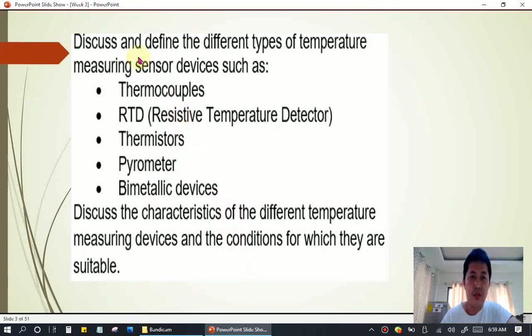So I have also to discuss and define the different types of temperature measuring sensor devices, such as thermocouples, RTD or resistive temperature detector, thermistors, pyrometer, bimetallic devices, and I have also to discuss the characteristics of the different temperature measuring devices and the condition for which they are suitable.